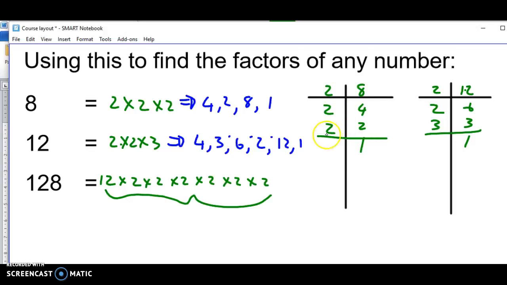There they are, 8 and 1. If we did it the same way here, we could have worked out the factors of 128. People, this is so important to be able to do this. And we need to practice it over and over, because we're going to use it so often in algebra when we are factorizing.